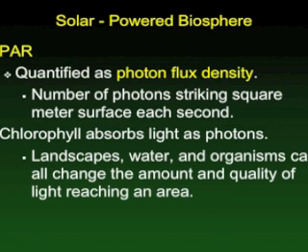And that this light absorption is affected by things like reflection of light from rocks, the landscape around plants, and the water. If plants are underwater, the amount of light that they're getting is decreased very, very quickly with depth.